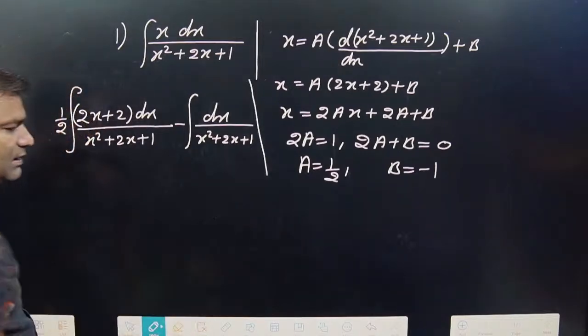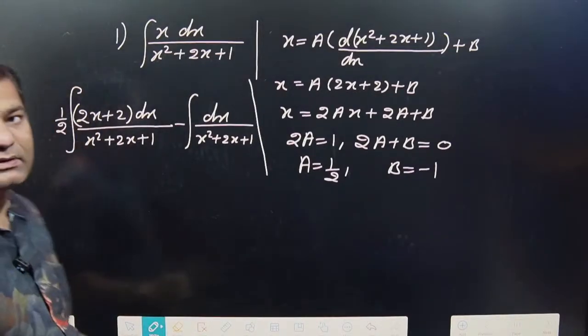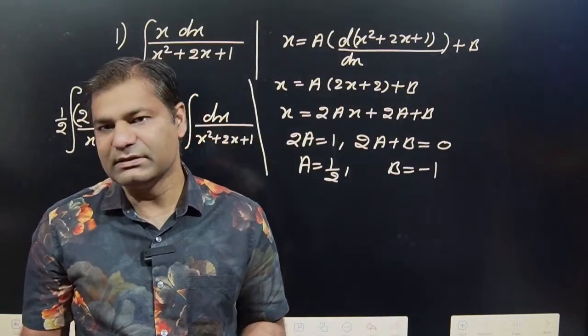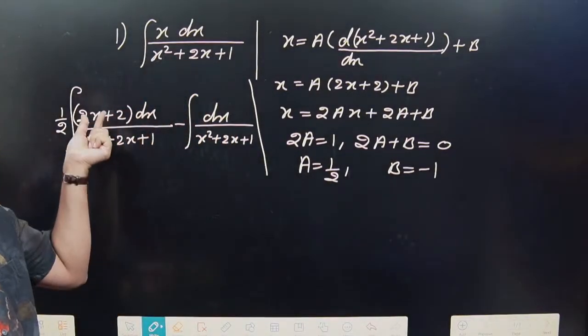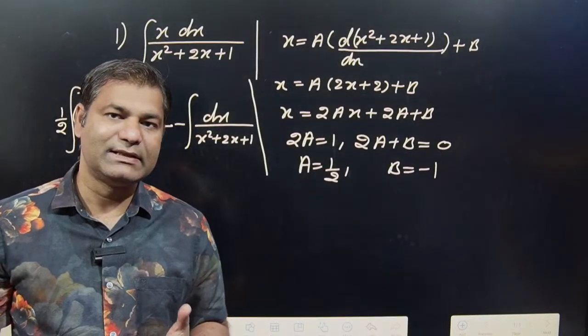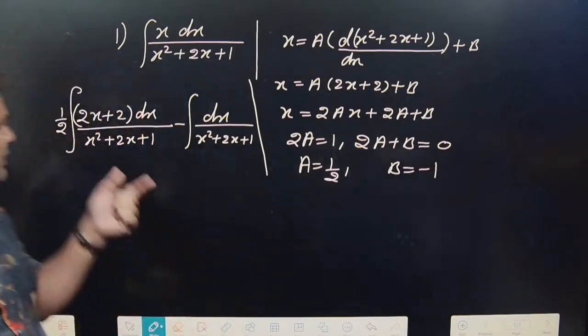I hope it is clear. If the denominator is taken as t, then the numerator part is dt. So the integration of 1 by t dt is simply log t.